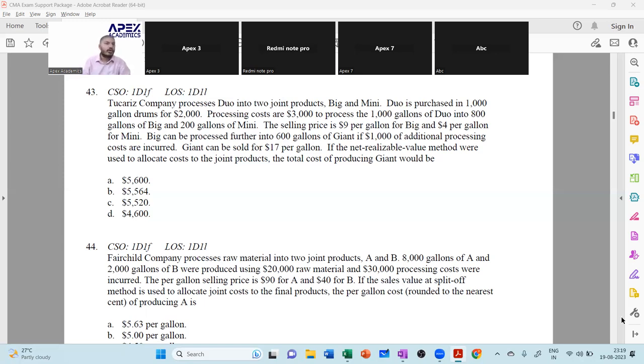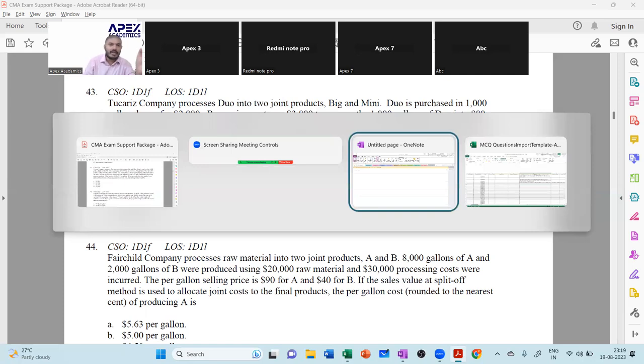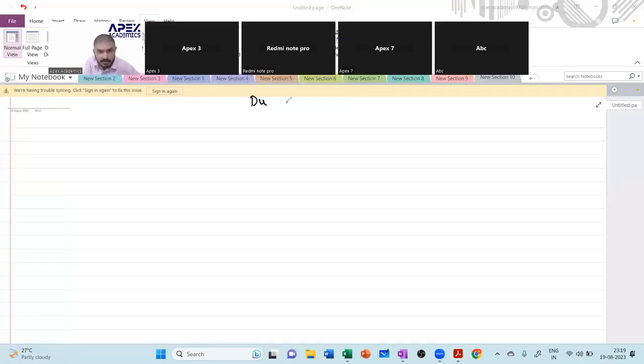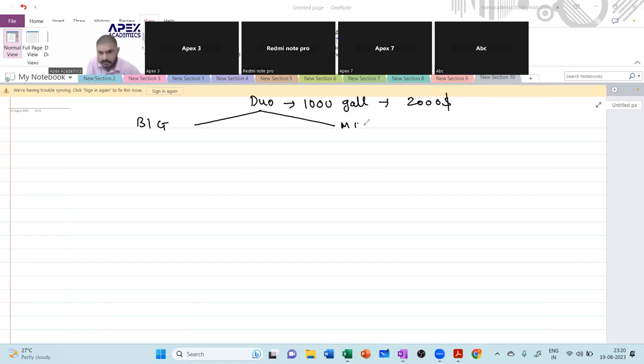They're asking you what is the total cost of producing the product giant. Okay. You've read the question. Some of you might have it in front of you in the form of a printout or something. Doesn't matter. Now understand that what are you purchasing? You are purchasing a product called Duo and you are purchasing 1000 gallons of this at a total cost of $2,000. Out of Duo, there are two items that are coming out. Big and mini. Big, you are producing 800 gallons of it. And mini, you are producing 200 gallons of it.